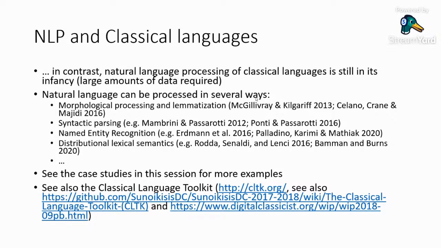It's important to mention that there's currently something called the Classical Language Toolkit, which is a Python library that enables people to use automated processing tools for classical languages in a user-friendly way. If you're interested in that, you can also check out the earlier sessions on the Classical Language Toolkit.